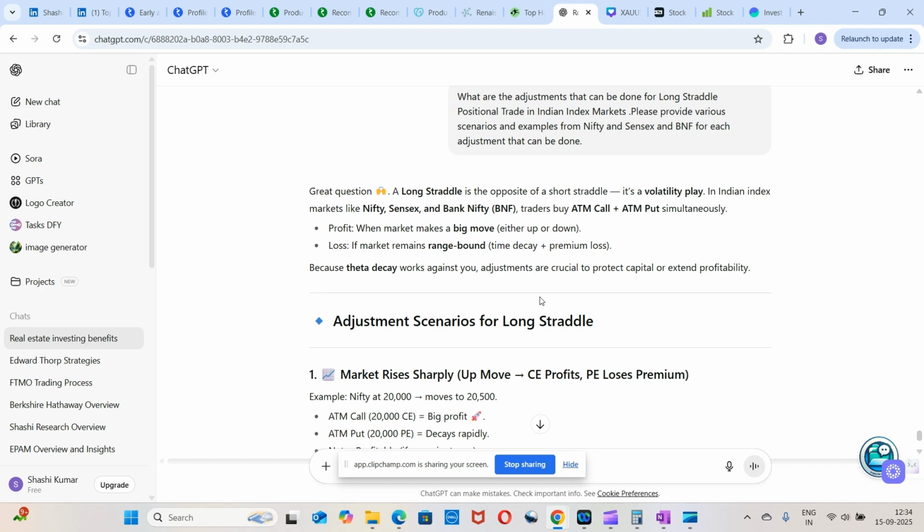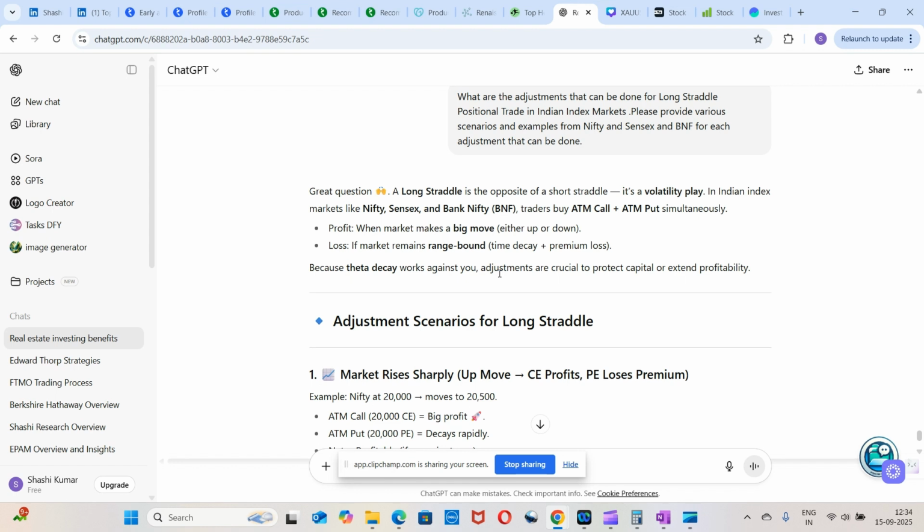Then you should not, because both the legs will have theta decay, and there will be premium loss in both the legs. So this will give a profit when the market makes a big move either way, and a loss if the market becomes range bound, because theta decay will work against you.